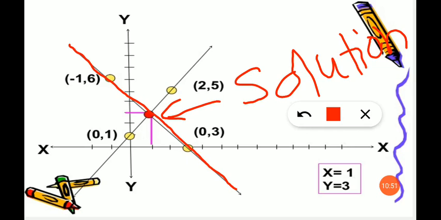If we see here, the value of x is equal to 1, and the value of y is equal to 3. Hence the solution is 1 comma 3 for the given pair of linear equations.